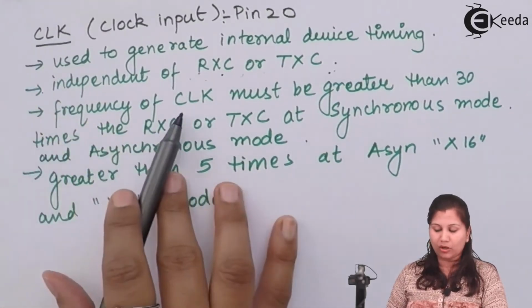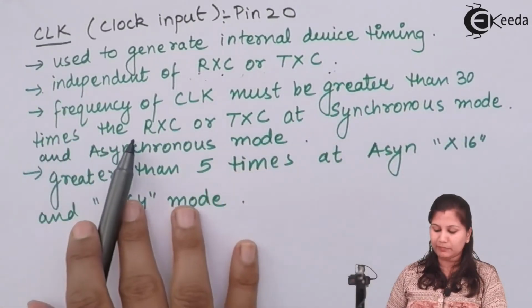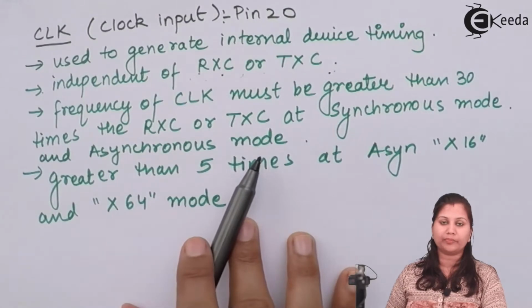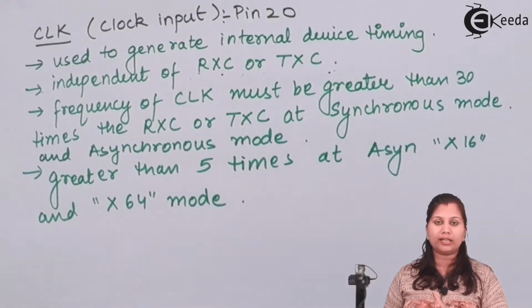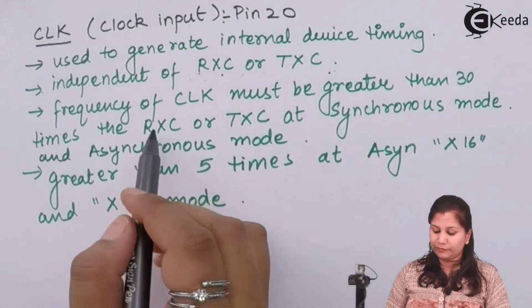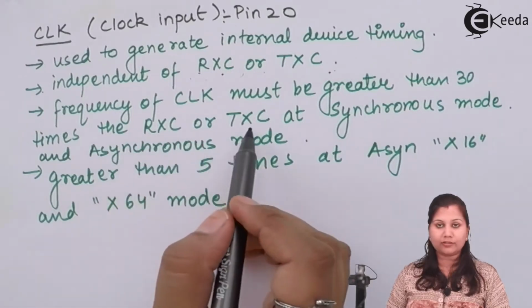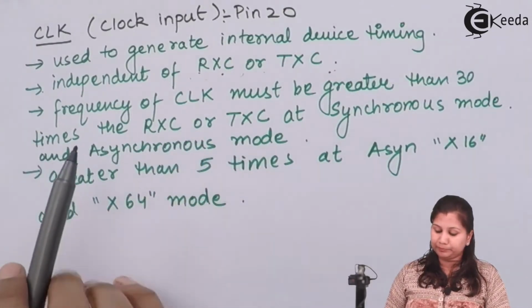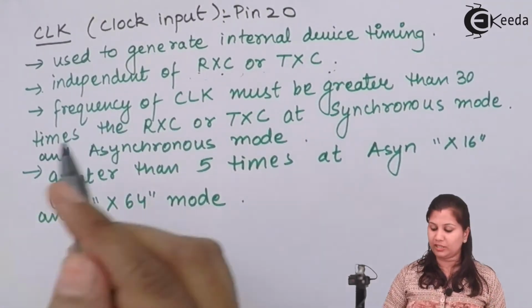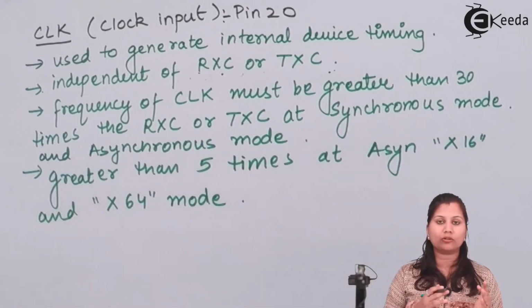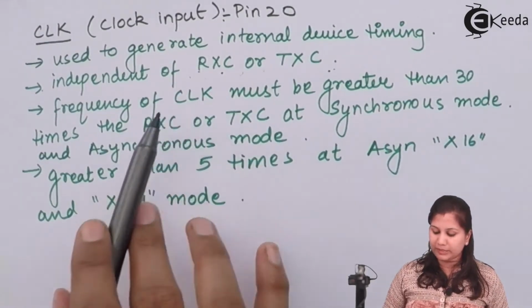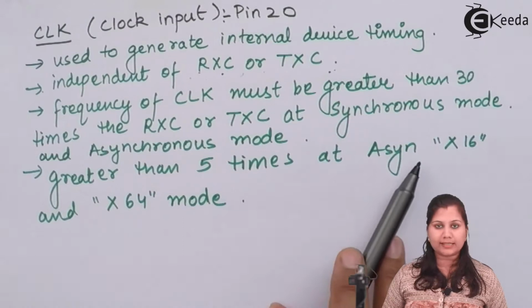Now the frequency of this clock signal must be greater than 30 times the RXC or the TXC in the synchronous mode. Also, it must be greater than 5 times in the asynchronous mode.